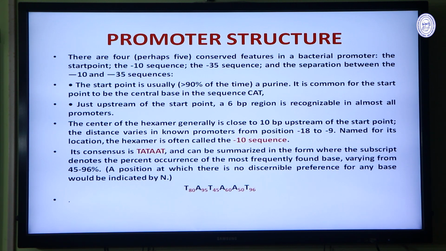So, first T is conserved 80%: if we see 100 promoters, in 80% of cases we will see the first nucleotide at the promoter is thymine. Then comes adenine, highly conserved at 95, then T less conserved at 45, then adenine 60, next adenine 50, and last thymine maximally conserved at 96.